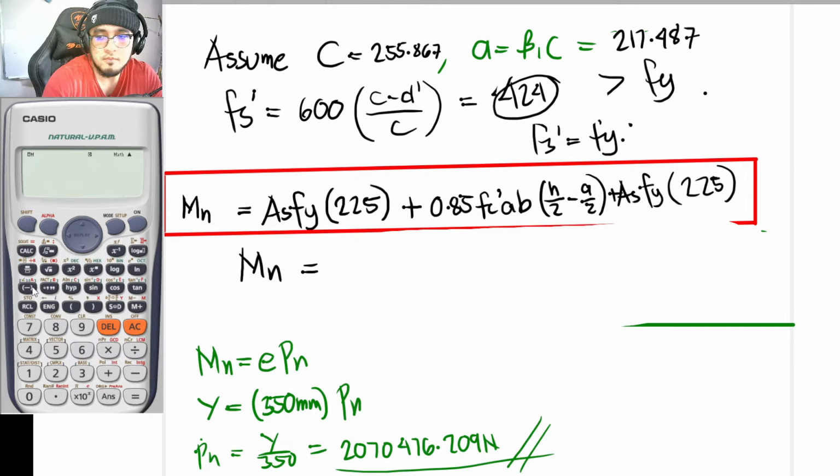So A times 276 times 225 plus 0.85 times 28 times 217.487 times 400 times h over 2, so that is 300 minus A over 2, so 217.487 divided by 2, plus ASFy, so plus alpha A times 276 times 225.